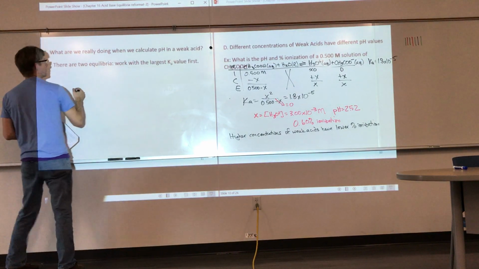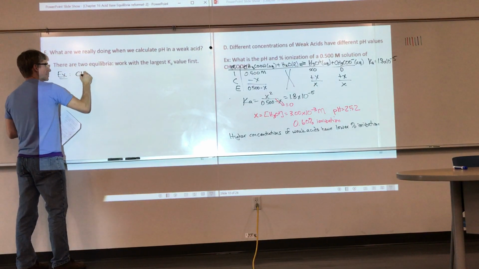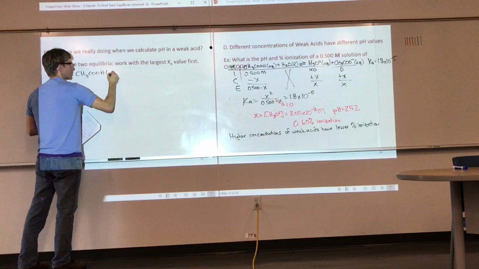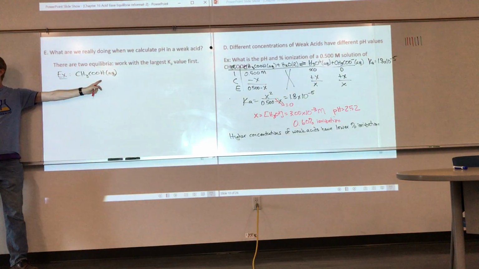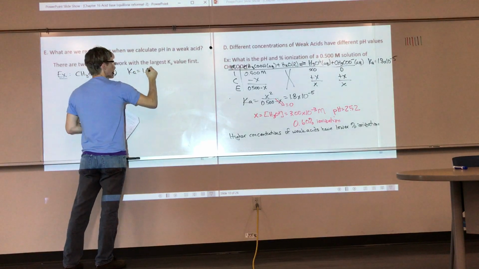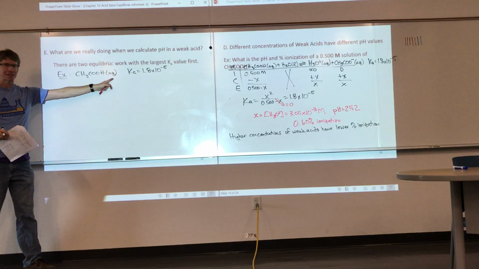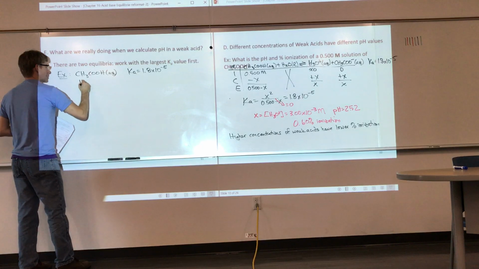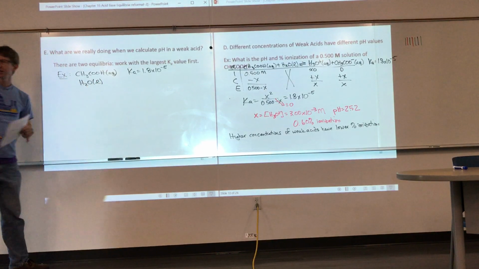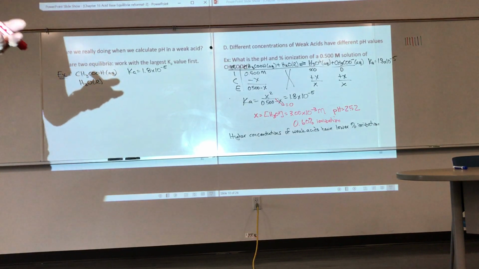So what I mean by that is, for example, when we have acetic acid and we know its Ka value, but it's aqueous. Aqueous means there's water around. Water is an acid. Well, we don't call it that, we didn't do water's Ka value.